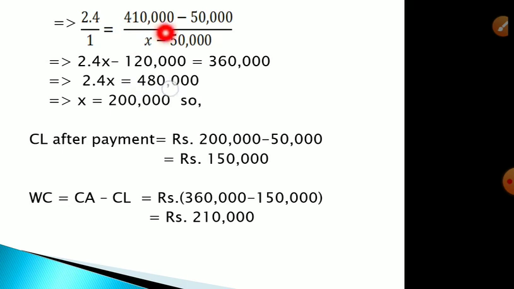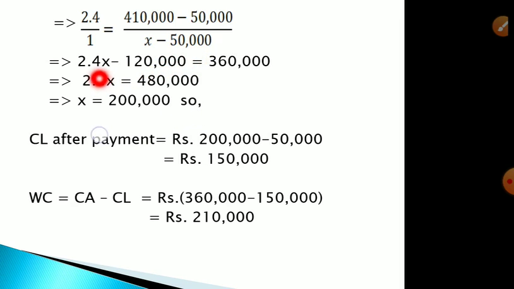The current asset mentioned was before payment. So we have written 4,10,000 minus 50,000. Since we are paying the creditors, that means cash is going out of the business. And the current liability, the total of the current liability we have assumed before payment to be X. So again we will reduce 50,000 payment made to the creditor.